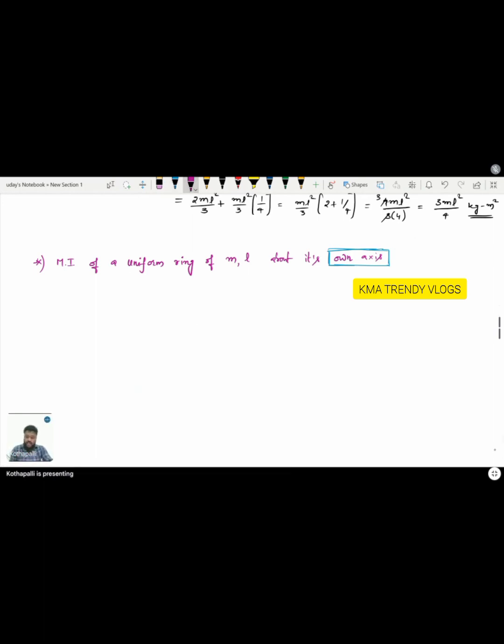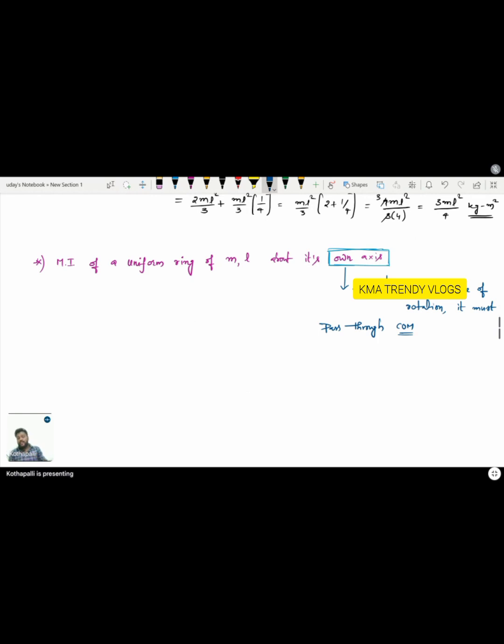Generally, the term own axis means that the axis is perpendicular to the plane of rotation, and it must pass through the center of mass. I hope you understand. It must pass through the center of mass.